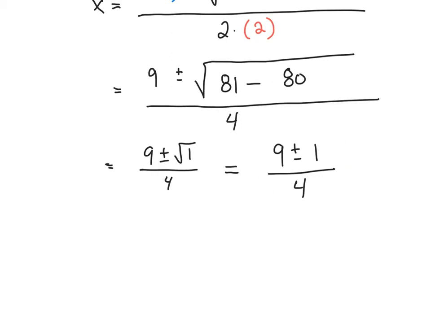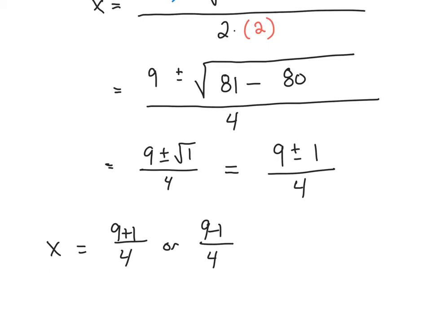So 9 plus or minus 1 over 4, this is telling me that I have two solutions, 9 plus 1, all divided by 4, or 9 minus 1, all divided by 4. Okay, so I get two things. My solutions to this are 9 plus 1 divided by 4, or 9 minus 1 divided by 4.